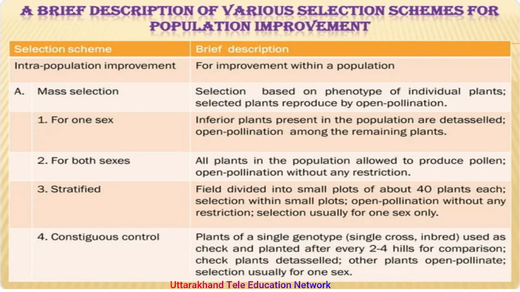Stratified: field divided into small plots of about 20 plants each, selection within small plots, open pollination without any restriction, selection usually for unisexual only.